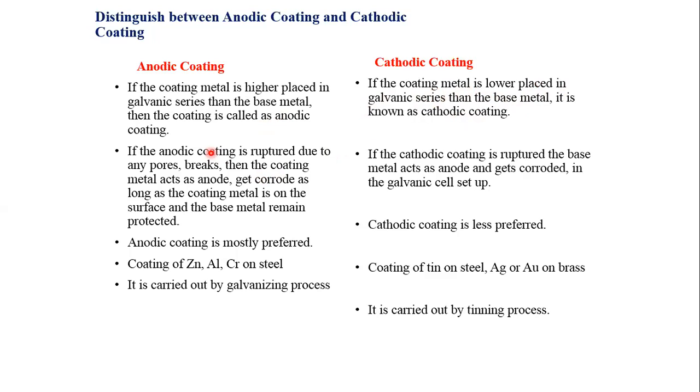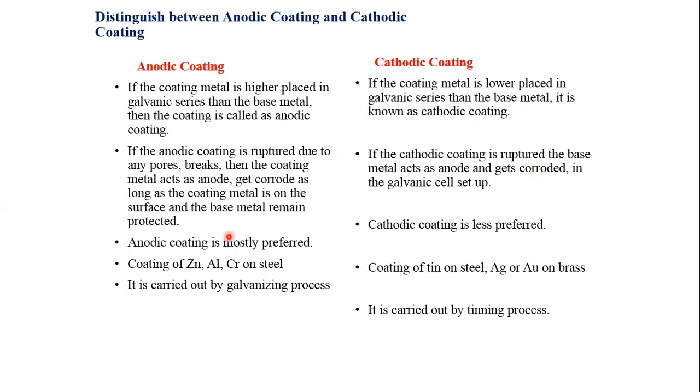Second difference is if the anodic coating is ruptured due to pores or breaks, then the coating metal behaves as an anode, gets corroded, and the base metal remains protected. But exactly the opposite happens if the cathodic coating is ruptured: the base metal acts as an anode and gets corroded due to the galvanic effect.